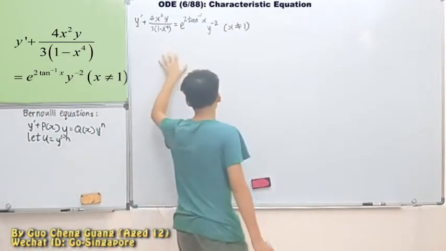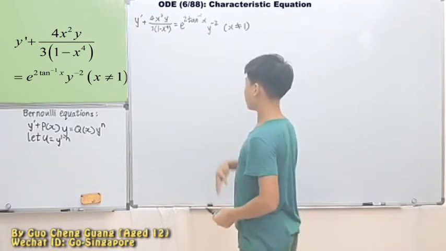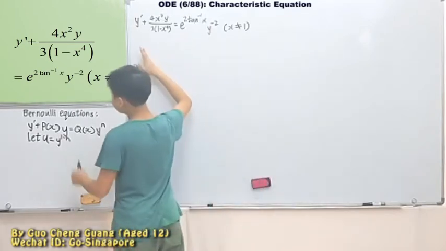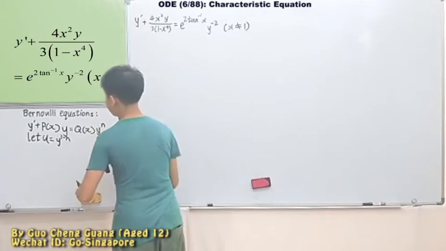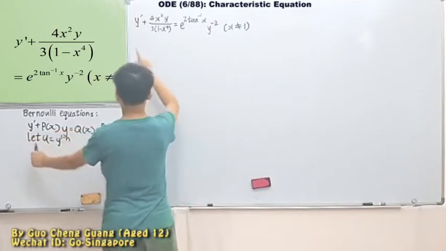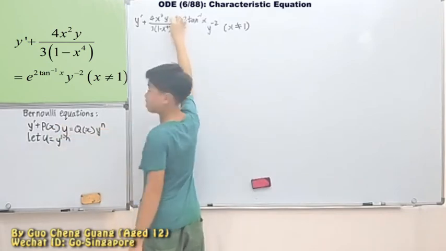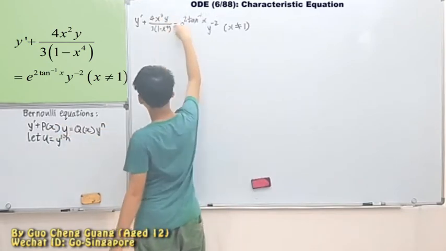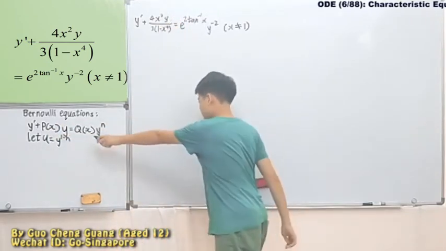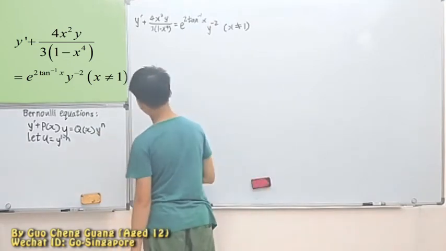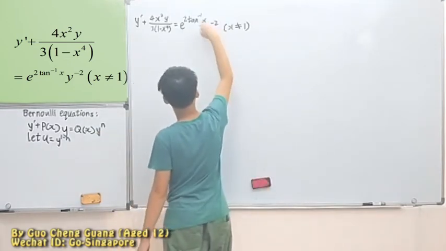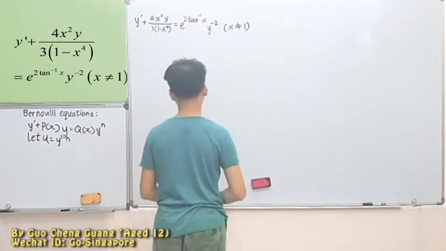Can we straight away use it? Well, yes, because let's try to find it. First part y prime here, this part px times y, okay, here's a y already, then this part is just px. Then here qx times y to the power of n, y to the power of n, qx.